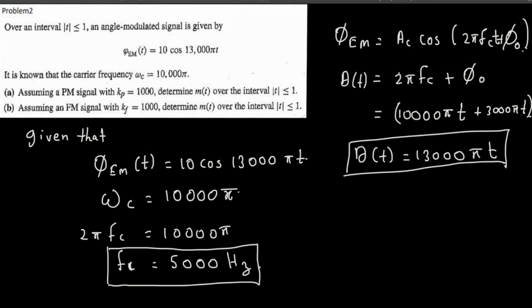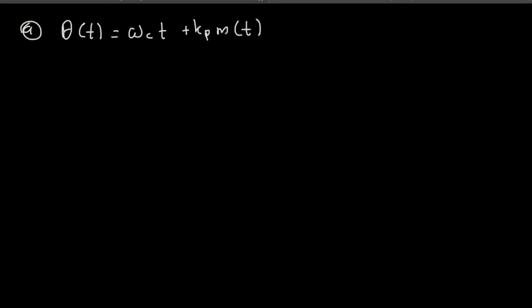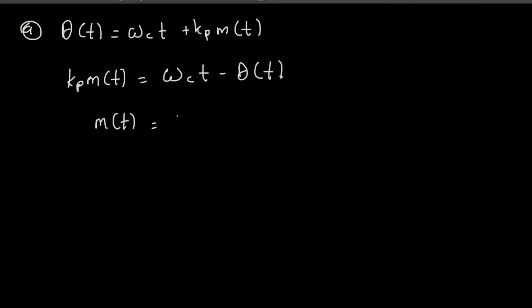So we can rearrange this in terms of m(t). So kp m(t) is going to be omega_c t minus theta of t, and therefore m(t) is going to be omega_c t minus theta of t, the whole thing divided by kp.